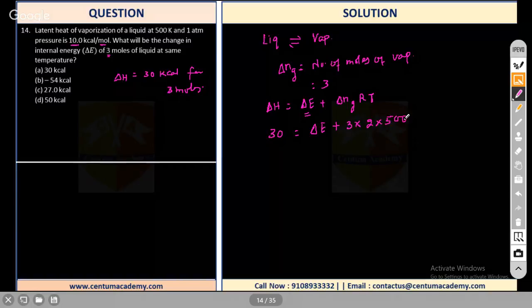Temperature is 500, and 2 will convert into kilocalorie, 10 to the power minus 3. Understood? Clear? Next question.